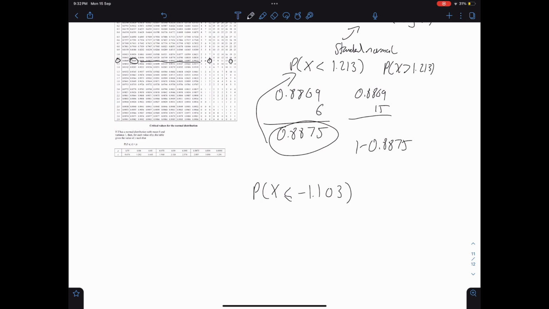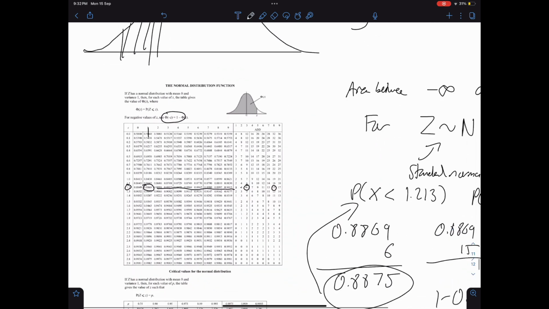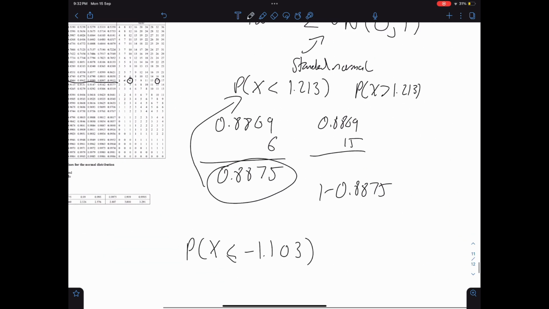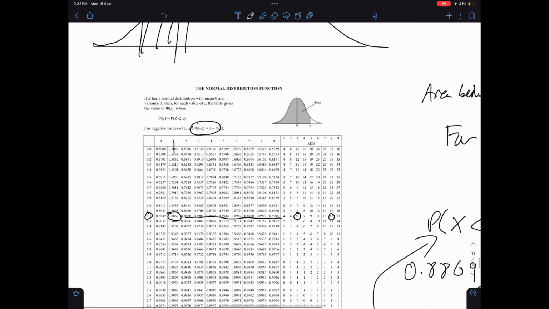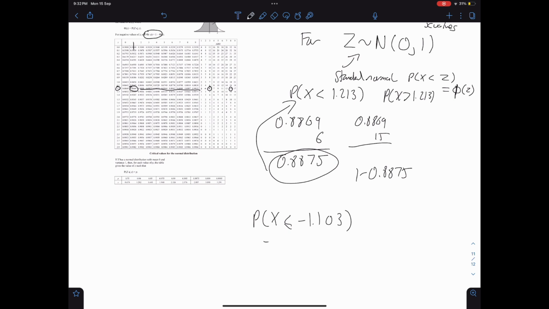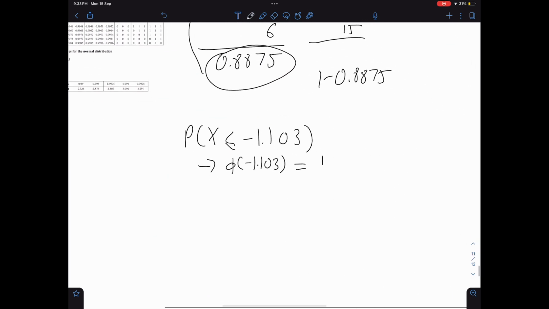Now this is another thing: in a standard normal, the probability that X is less than a certain z is equal to phi, the Greek letter phi, which is the symbol of z. So this here would be phi of minus 1.103. And if we have a negative, we can just say that it is equal to 1 minus the phi of the positive version of it.